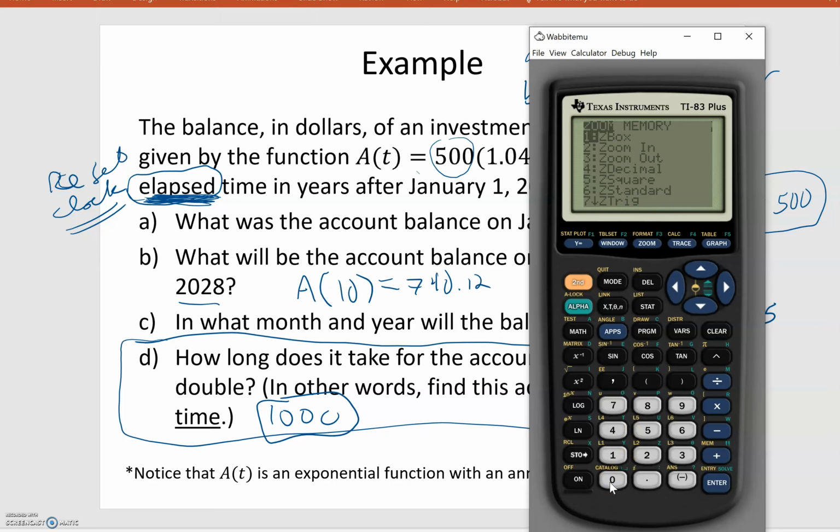And now I think we'll see the intersection. And then once we see the intersection, we'll do the same procedure as before. We'll do calc intersect. There it is.